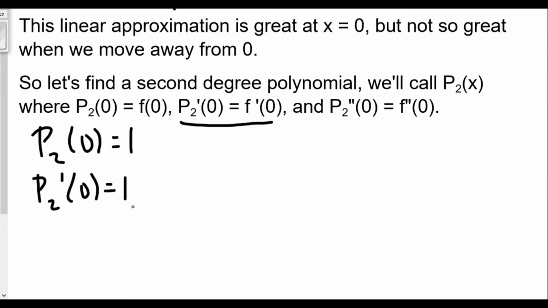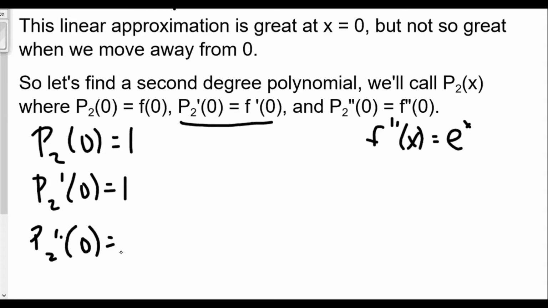Now let's look at the second derivative. f double prime of x is the derivative of e to the x, which is just e to the x, so the second derivative at 0 is also 1.